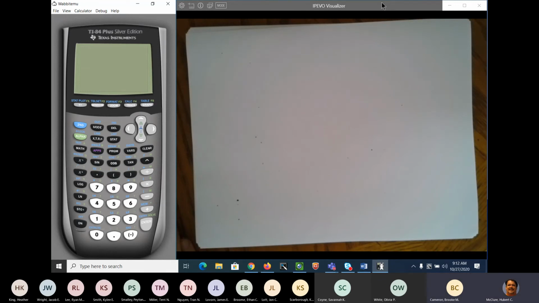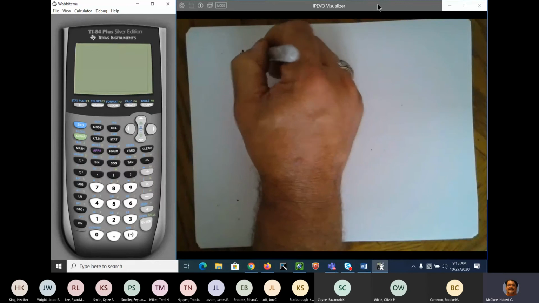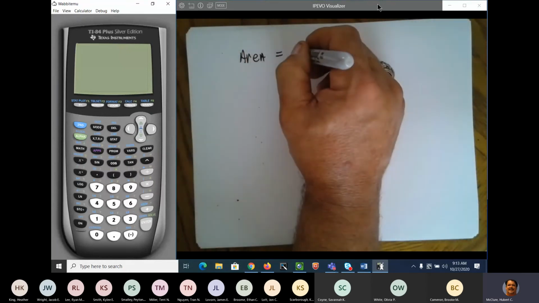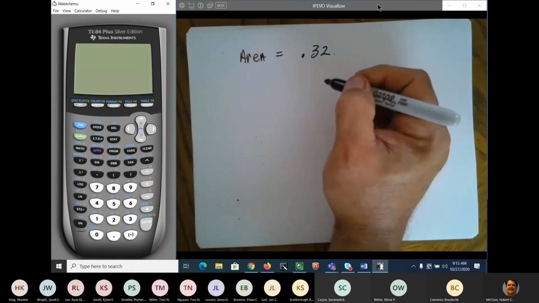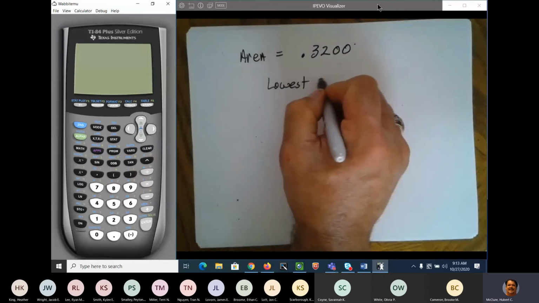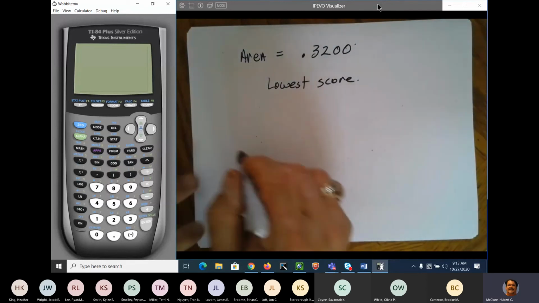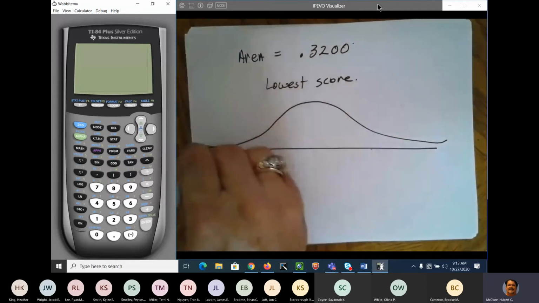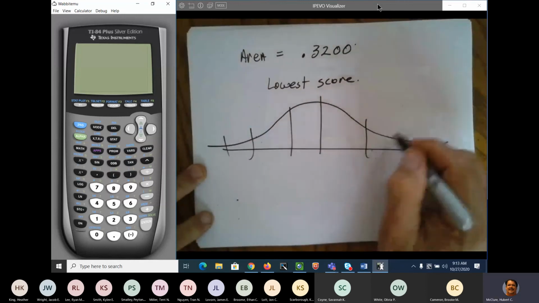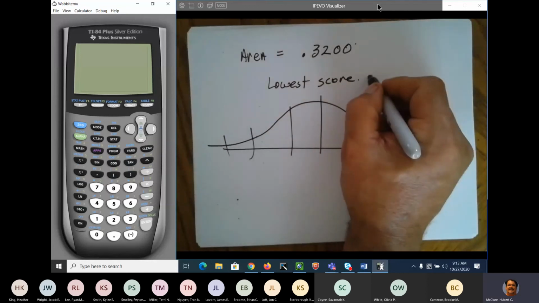They would ask what area is equal to 0.3200, and they want to know the lowest score possible for 32%.